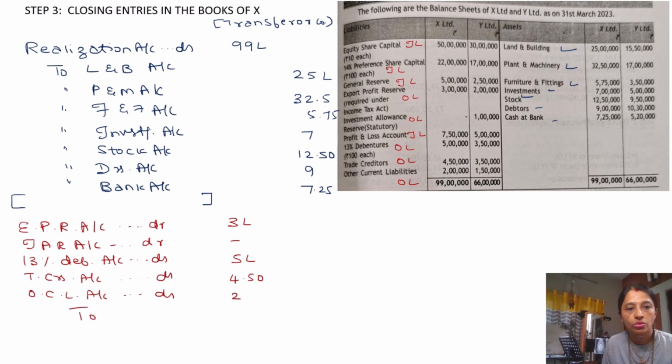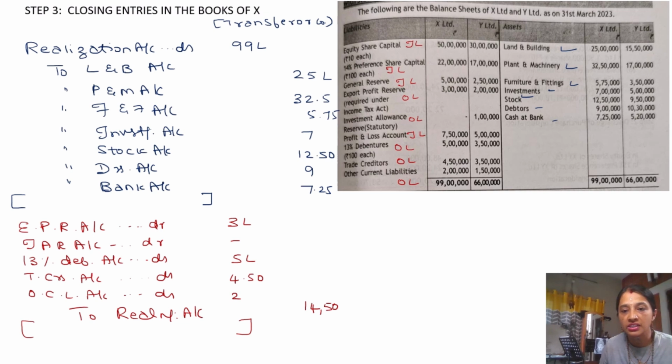To realization account. To realization account, we take the total of all these: 3 lakhs plus 5 lakhs plus 4 lakh 50 plus 2 lakhs. It comes up to 14 lakhs 50,000, 14.5. So being outside liabilities transferred. So this is the first entry for transferring assets. This is for outside liabilities.